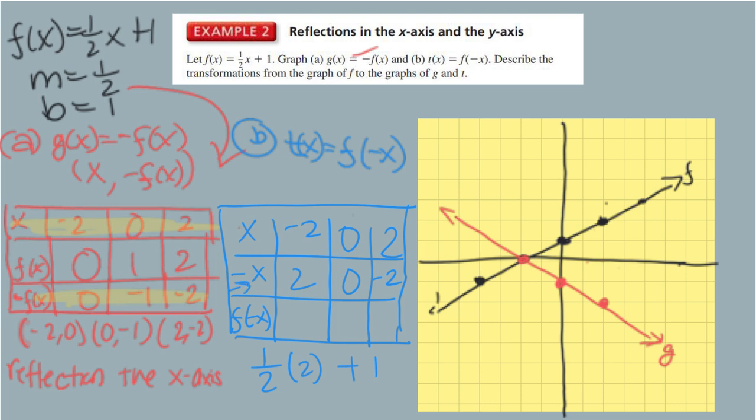So half of 2 is 1. 1 plus 1 gives me 2. If we input 0, half of 0 is 0 plus 1, which gives me still 1. Then we finally have -2. Half of -2 is -1. And -1 plus 1 gives me 0.